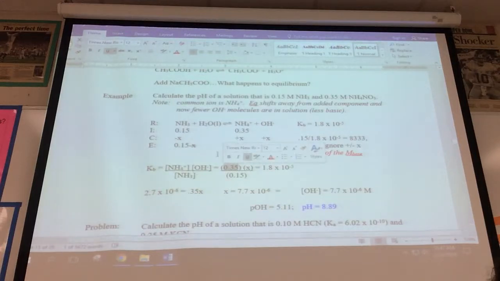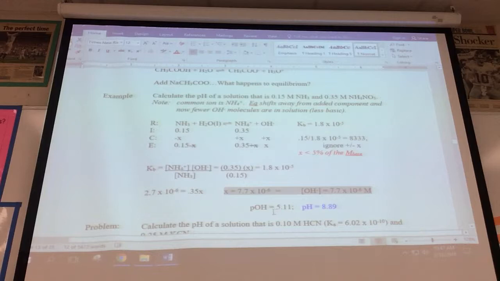The Kb is small, so we can eliminate anything subtracted or added to a concentration. And now when we solve for x, that's the hydroxide ion concentration right here.